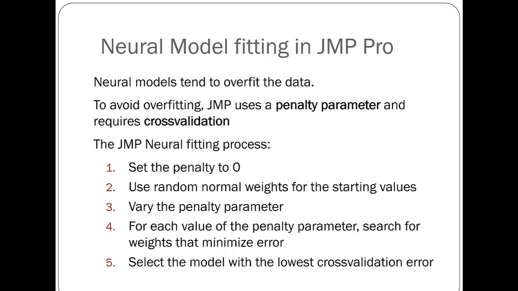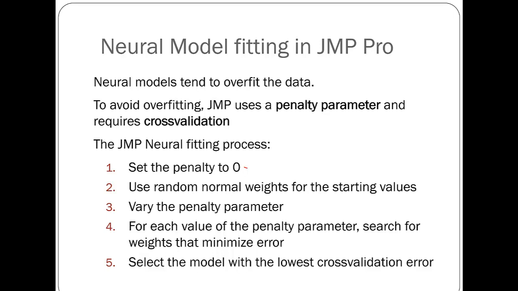So the neural network process in JMP says: set the penalty to 0, use random weights for starting values, vary the penalty parameter, and for each value of the penalty parameter, search for weights to minimize the error. Then select the model with the lowest cross-validation error.